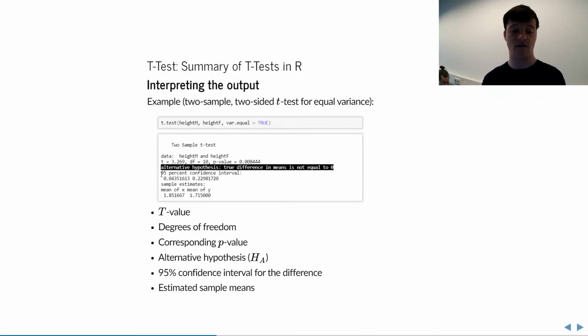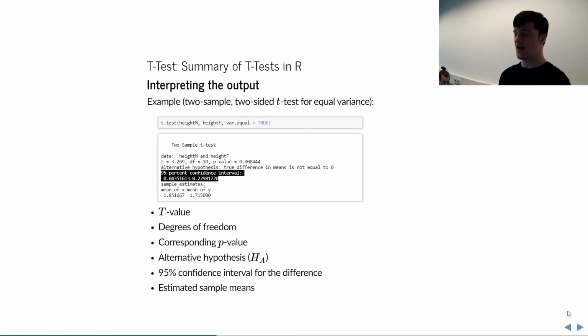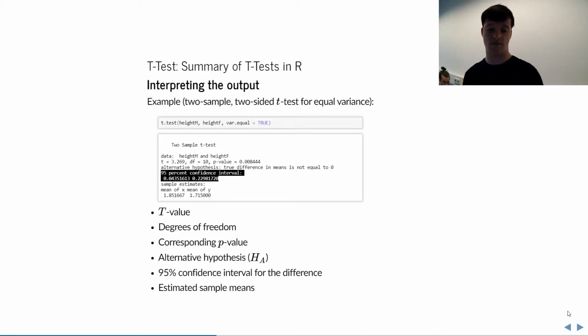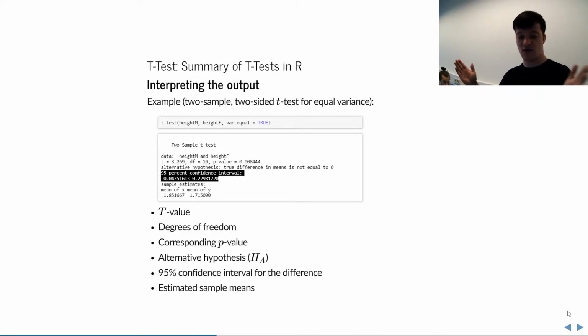Then we get to a confidence interval. This is always nice because, of course, you can calculate what the actual difference is. In this case, it's 14 centimeters or something. But there's uncertainty, right? Not everyone is the same. There are, in fact, women who are taller than men. So you want a range within which you think this difference is, and the confidence interval gives you something like that.